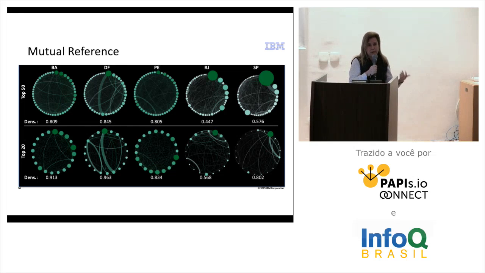And also in São Paulo and Rio, we have a different behavior because people try to go to a top guy. They work together with other doctors, and we have more referrals. So that could explain a lot of things.